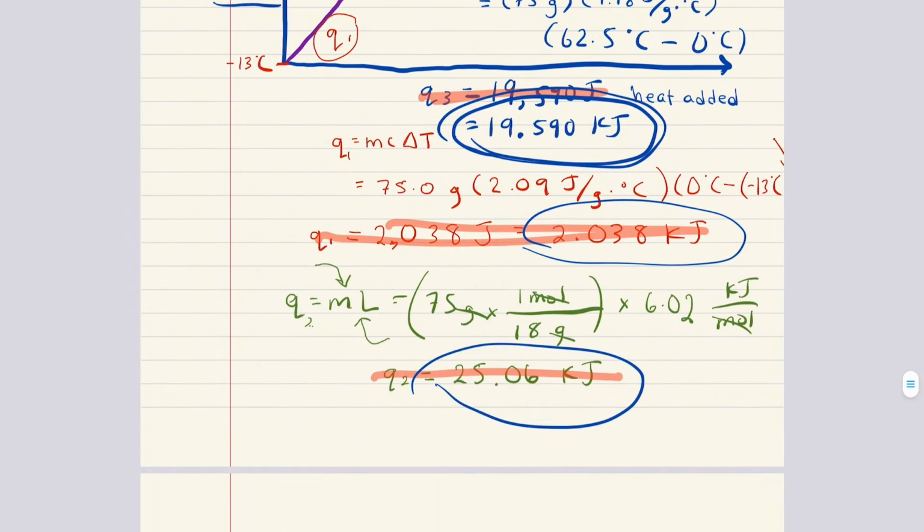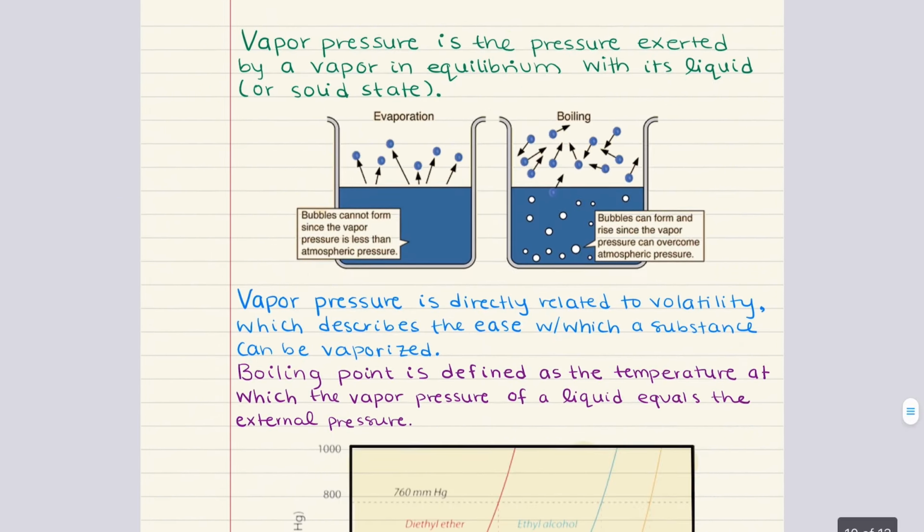Now we want to move into another really important topic, and that is discussing vapor pressure and boiling point. To discuss vapor pressure and boiling point, it's important to first understand the distinction between the terms vapor and gas.